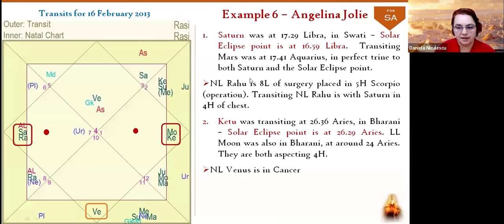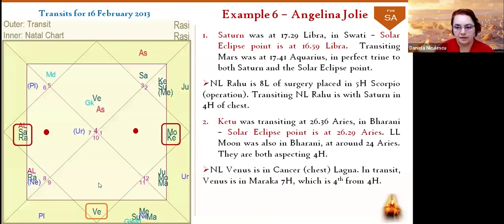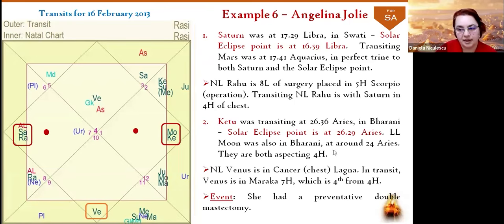Nakshatra Lord of Bharani, Venus, is in Cancer. In her Lagna, Cancer is the natural sign of the chest area. In transit, Venus is in Maraka 7th house, which is also using the Bhavat Bhavam concept, the 4th from the 4th house. And the event was she had a preventative double mastectomy.